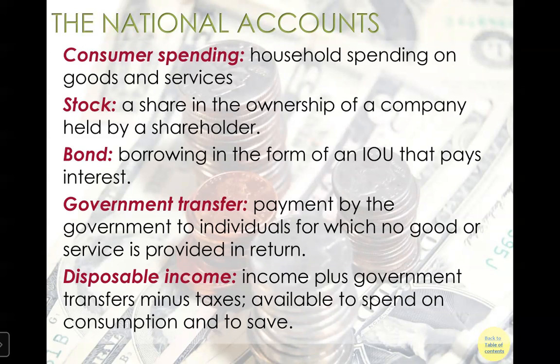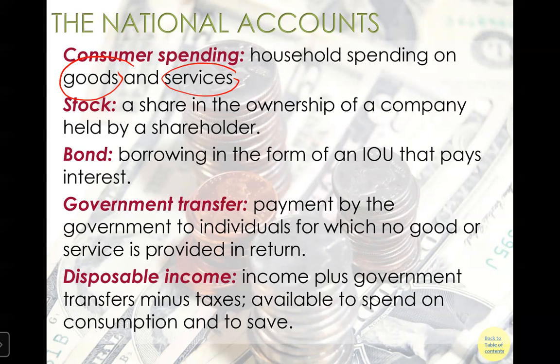First, consumer spending. This is household spending on goods and service. But what is goods and what is service? Goods are usually something tangible, right? For example, the iPhone I use and the computer I use for the presentation. Those are tangible.